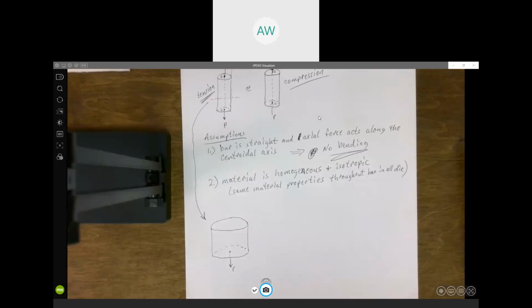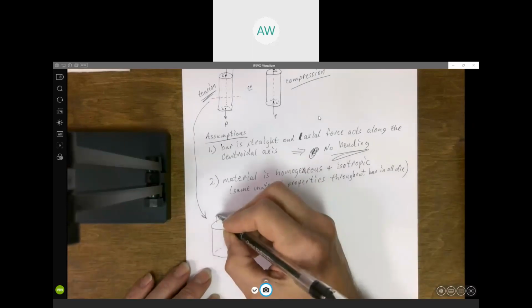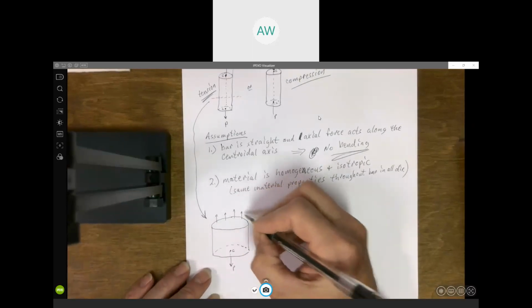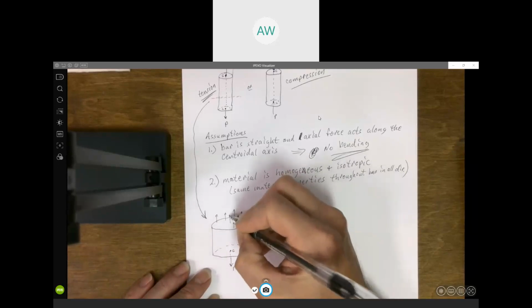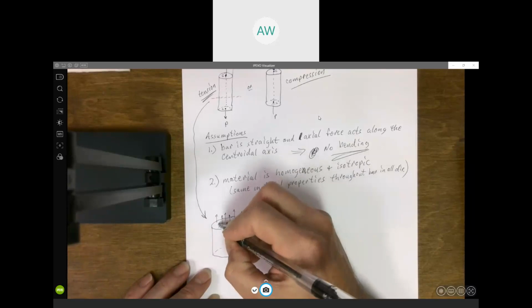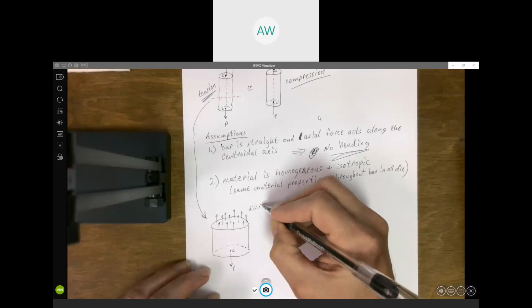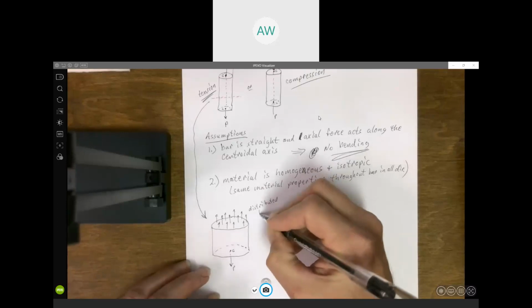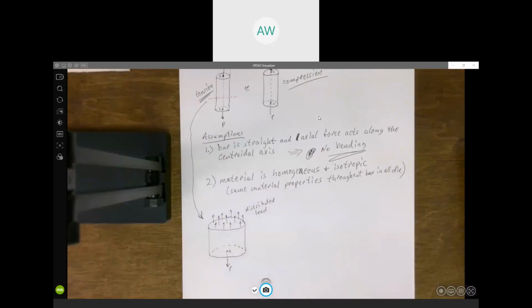Now, if you could actually cut something like this and look at it, you're not going to see a concentrated force acting on that cross-sectional area. What you would actually see is a distributed load, acting over that entire cross section.